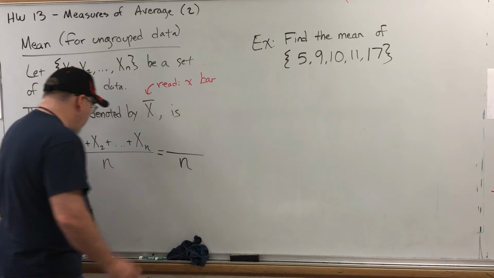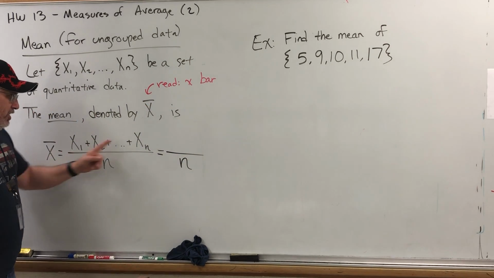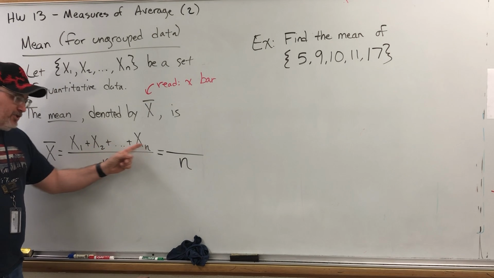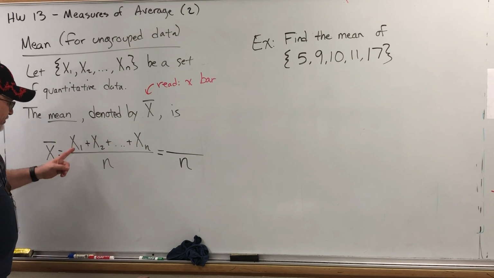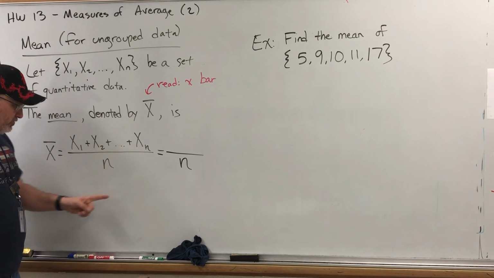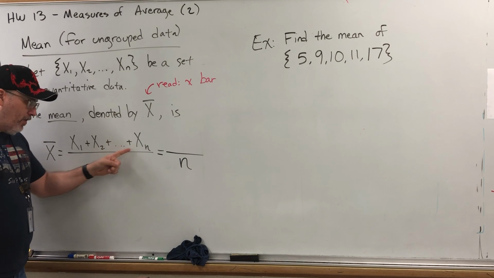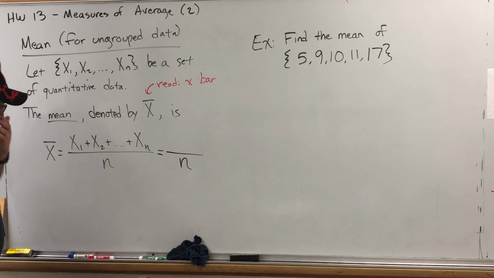There is a way to represent the sum of a bunch of expressions when the only thing that's changing is a certain piece of them. In this case, the thing that's changing are the subscripts, 1, 2, all the way to some unknown last number.